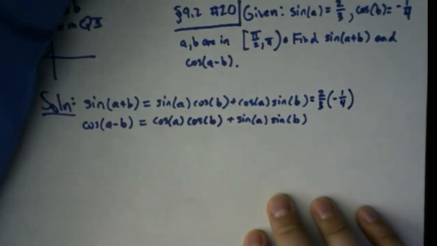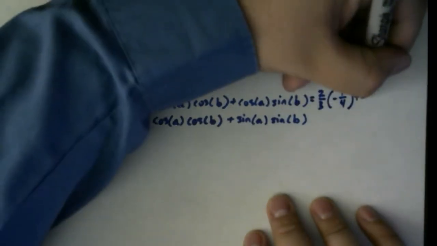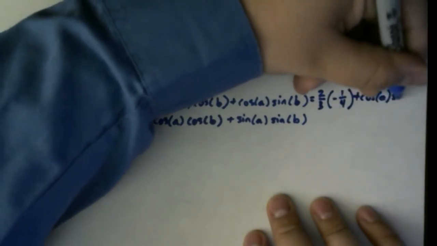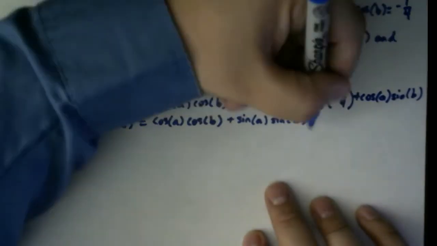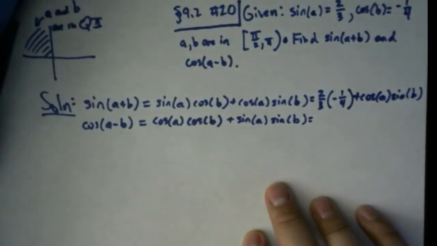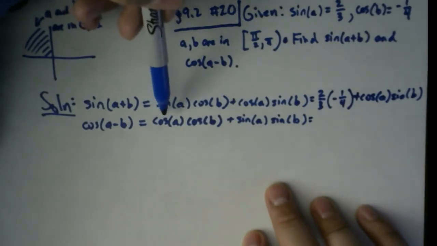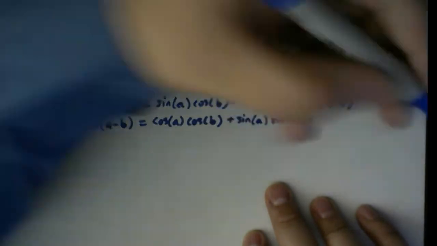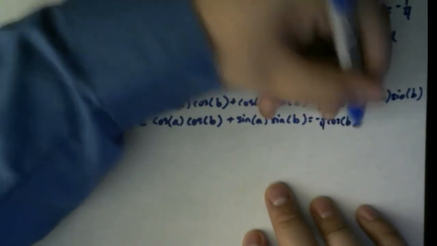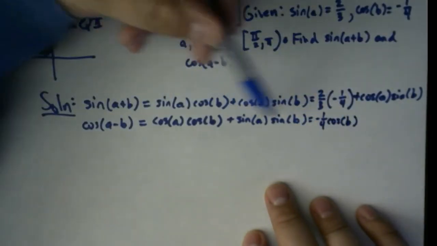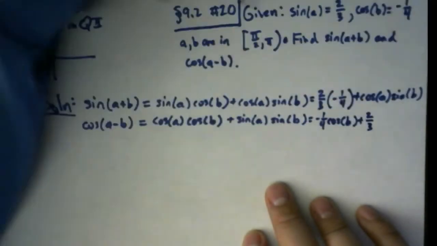But I don't know cosine A or sine B. So I can simplify at least that far. With the second one, I can do similarly. I don't know cosine A, but I do know cosine B, so I get negative 1/4 cosine B. And I do know sine A, but I do not know sine B, so I get plus 2/3 sine B.